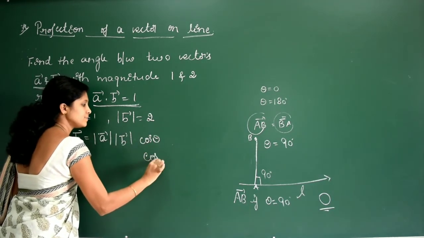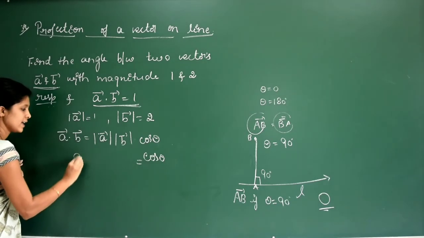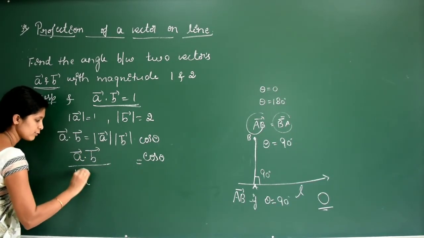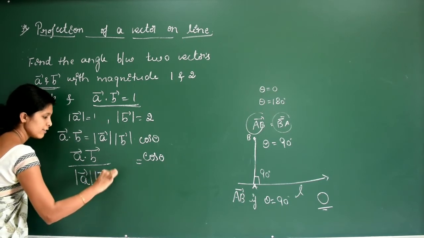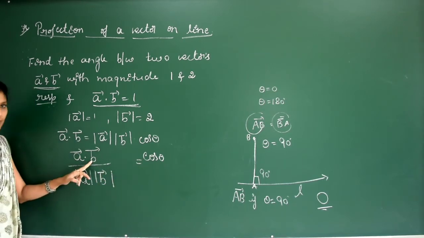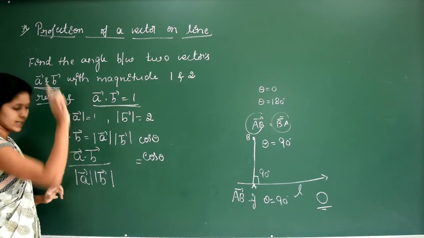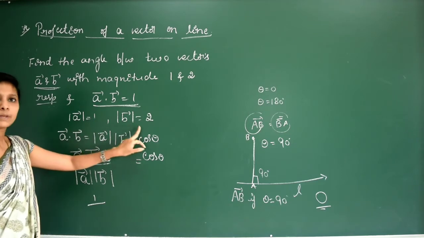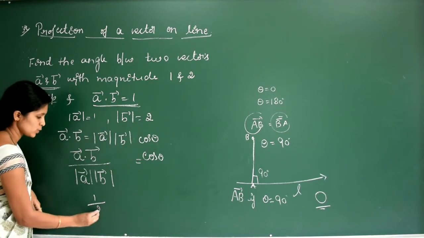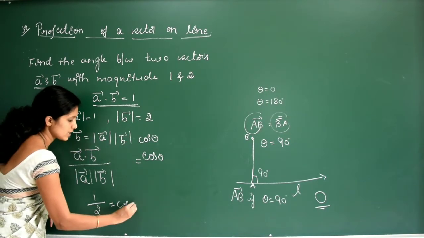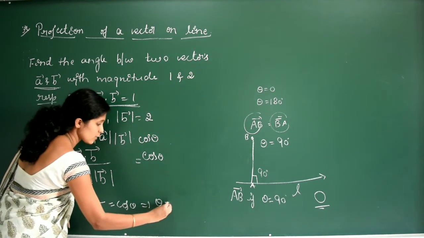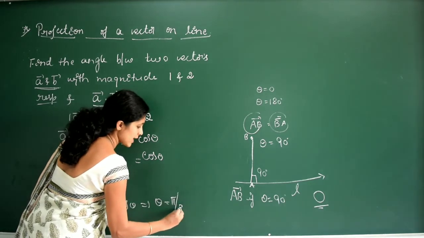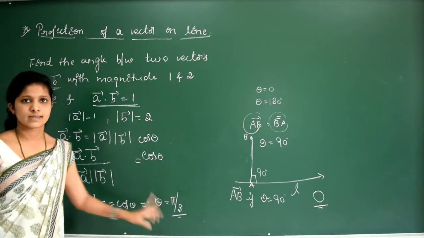So cos theta is A vector dot B vector divided by magnitude of A vector into magnitude of B vector. Now A vector dot B vector is given as 1. So this is 1 divided by 1 into 2, which is 2. So cos theta is equal to 1 by 2. So theta will be equal to cos inverse of 1 by 2, which is pi by 3. So the angle between these two vectors will be 60 degree.